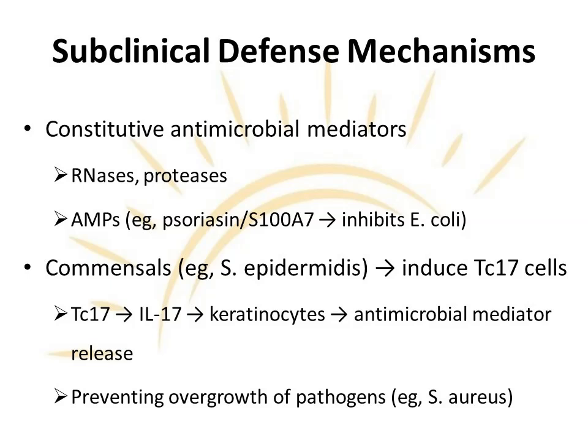Commensal bacteria like Staphylococcus epidermidis play an active role by stimulating TC17 cells. TC17 cells produce IL-17, which acts on keratinocytes to induce further antimicrobial mediator production. This network helps maintain microbial balance on the skin, preventing overgrowth of harmful pathogens.